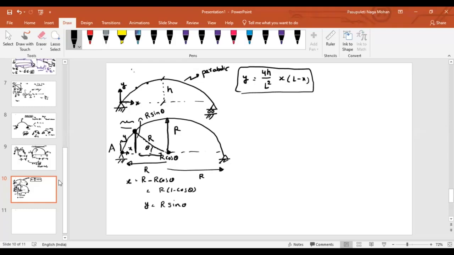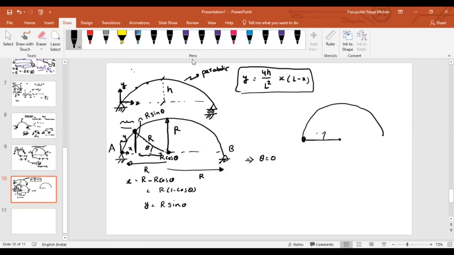Let us say this is A and this is B. Tell me, if theta is equal to 0, at what point am I going to find out? At point A, right? If this is your arch, if theta is equal to 0, this arc meets the arch at this point.